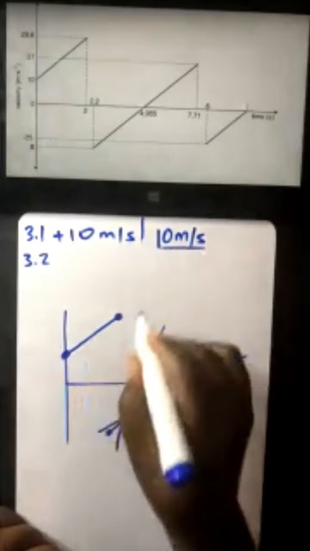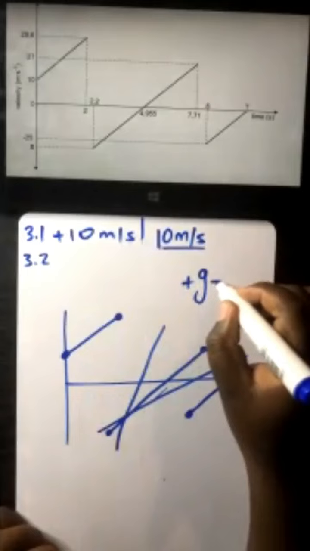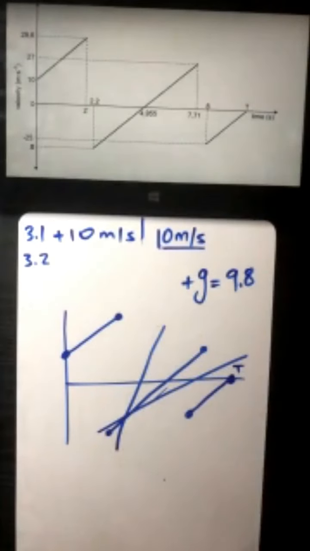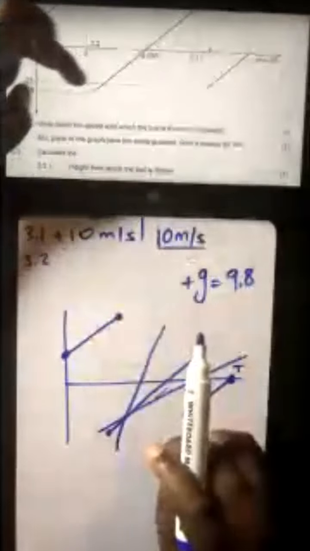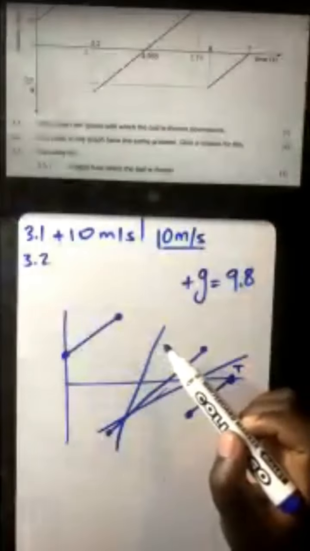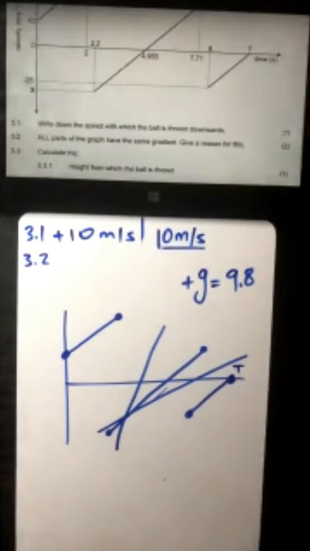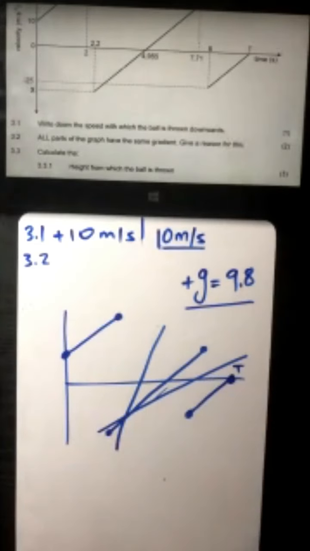So obviously, as all of this is happening, guys, G is the same throughout. It equals 9.8. So, Mr. D, in answering this question, you can say the gradient of the graph is the same because the gravitational acceleration is constant, or is the same throughout.